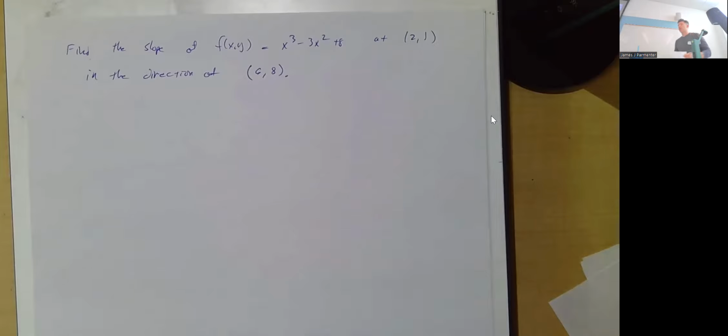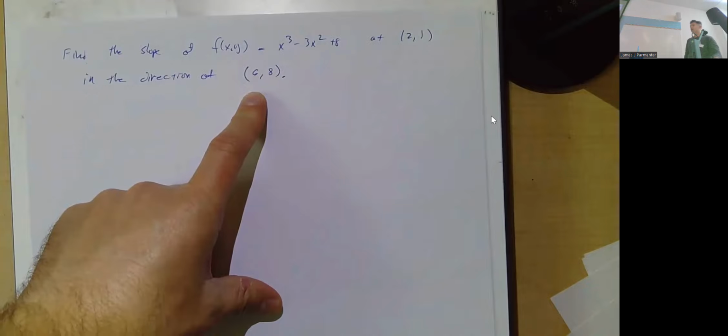This is where someone might be trying to kind of fool you. So the way that is written, am I finding the slope of this function in the direction of the vector 6, 8? Or is that not a vector?